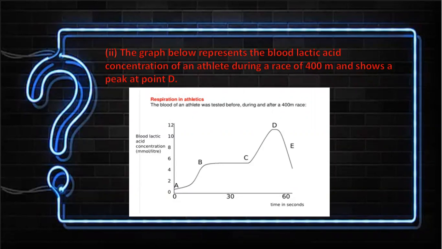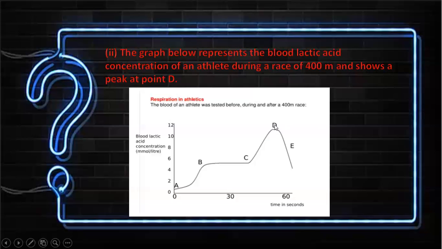Respiration in athletes was tested before, during, and after a 400-meter race. Blood lactic acid concentration in millimoles per liter and time in seconds are given as the axes of the graph. The graph is marked with certain points like A, B, C, D, and E. At point D, the graph represents the blood lactic acid concentration of an athlete during a 400-meter race.